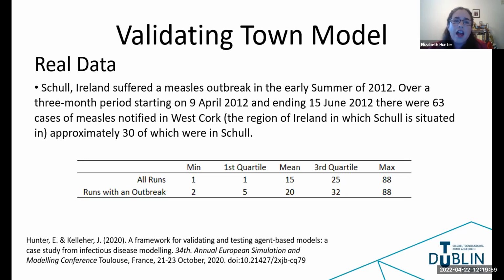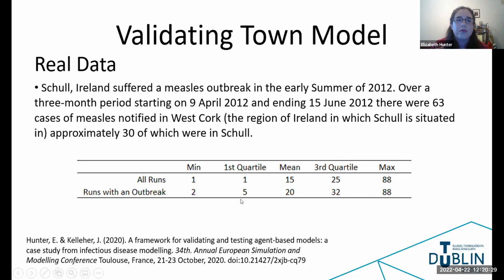Looking at the total number of infected, if we look across 300 runs of our model, the top row here is all runs. What we want to find is that these 30 cases are within our interquartile range. If we include all runs, so even those runs where the outbreaks don't take off and we only have 1 infected, we see that 30 is a little bit higher, but when we look at only the runs with an outbreak, so the runs where we have transmission, we see that we do fall within this interquartile range.